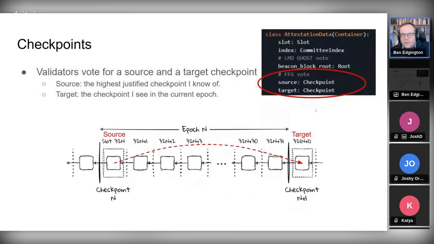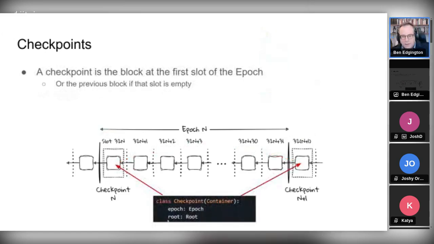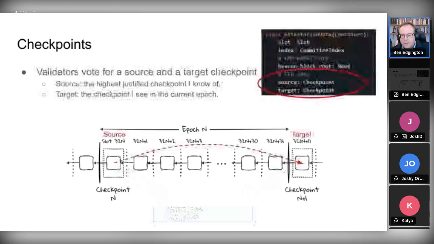And validators vote. So we're going back to our attestation data. We've looked at the LMD Ghost vote, and at the same time, validators make an FFG vote, and they vote for a source and they vote for a target. And these are checkpoints, that data structure that we have here. They vote for an epoch and a block root. So the source is the highest justified checkpoint I know of. So in my store, I've got the best justified checkpoint I know, the most recent one.